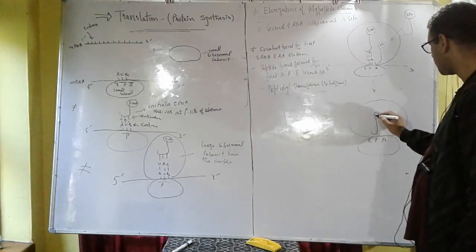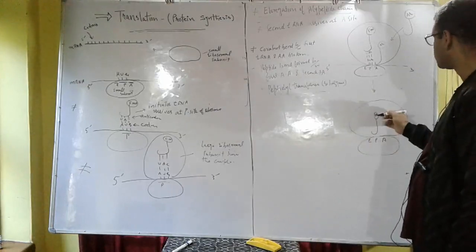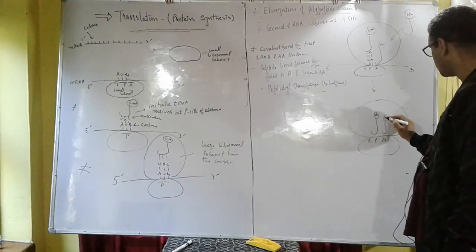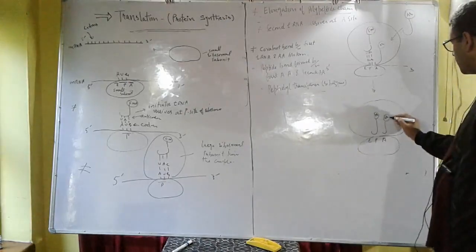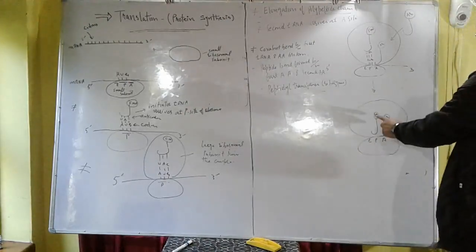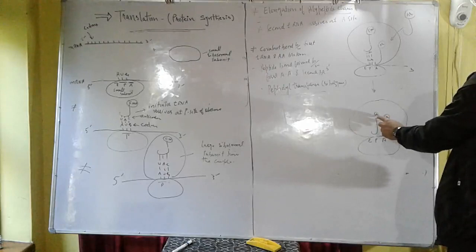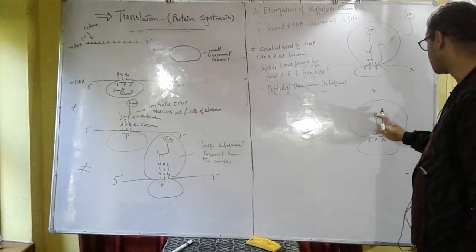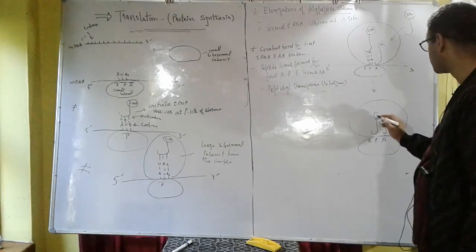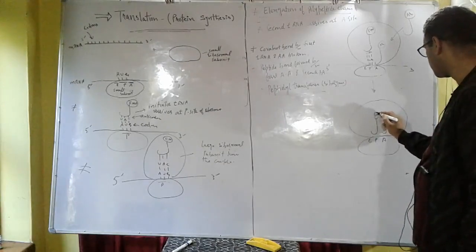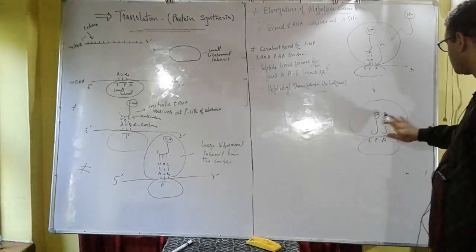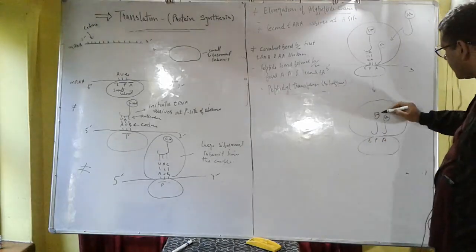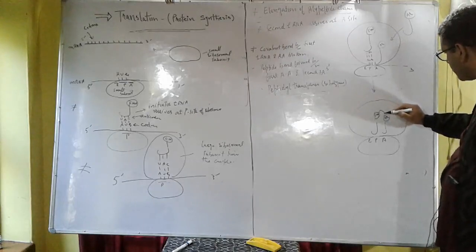This is amino acid first, that is formyl methionine. This is amino acid second. Now the bond between formyl methionine and the tRNA is broken. So it would be like this. This bond is broken and then it will be here.